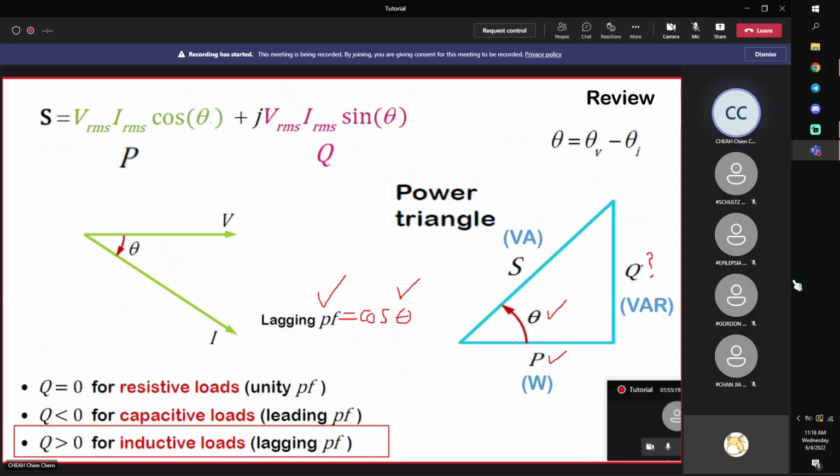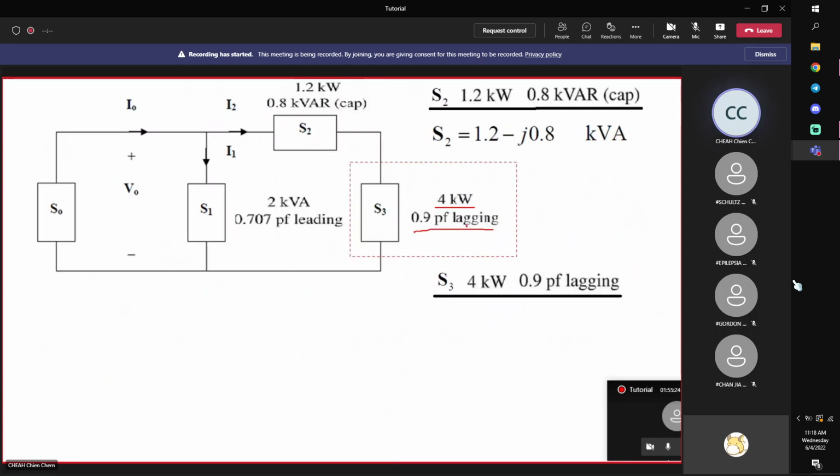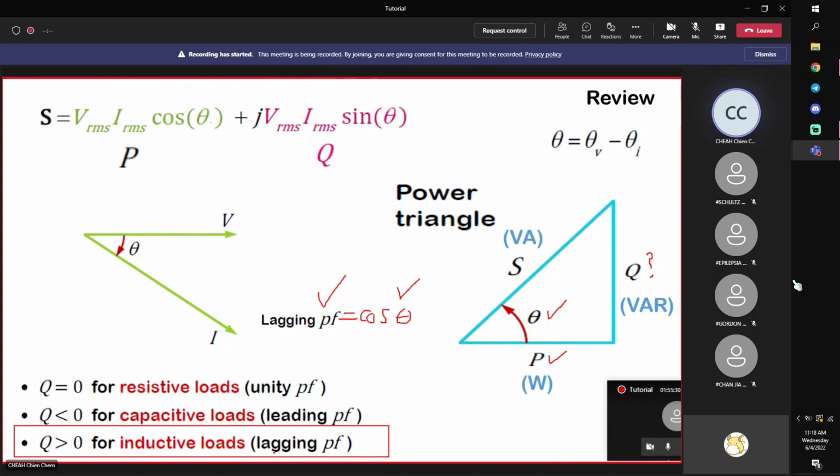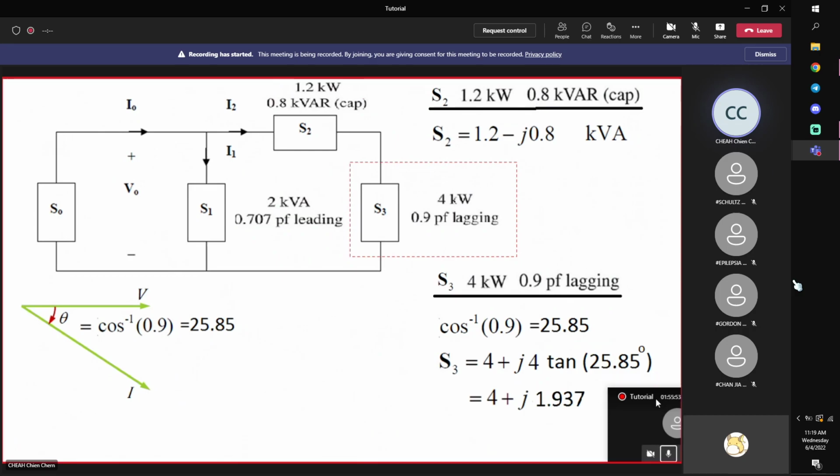But you need to determine the sign of your reactive power. So go back here: lagging. What is lagging? Lagging means inductive load, and inductive load is positive reactive power. So if you go to the power triangle, I first find the angle using the power factor.